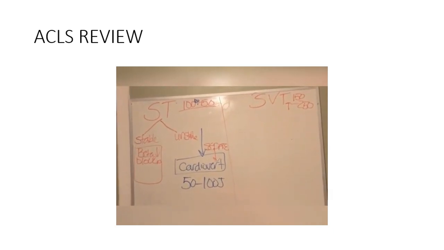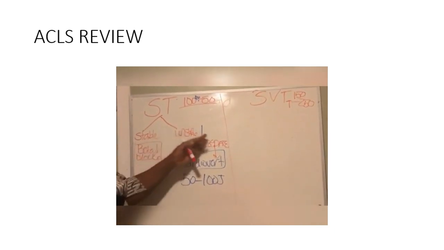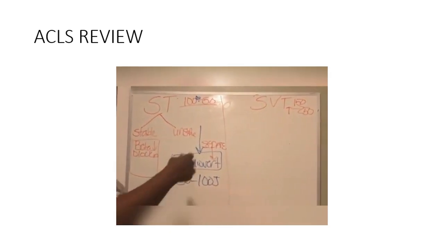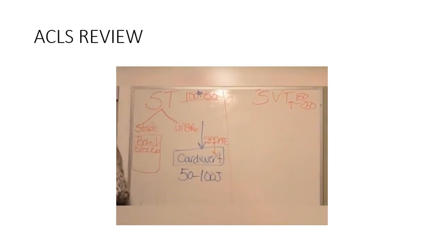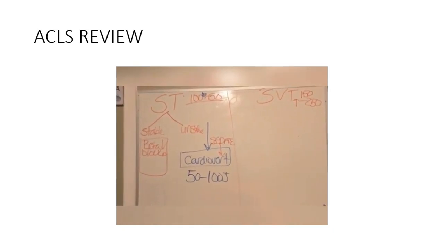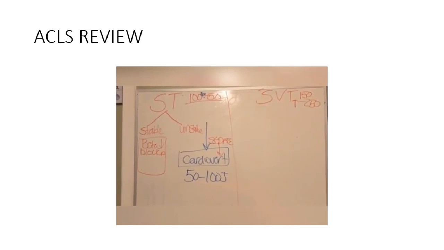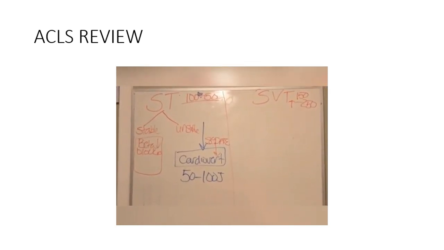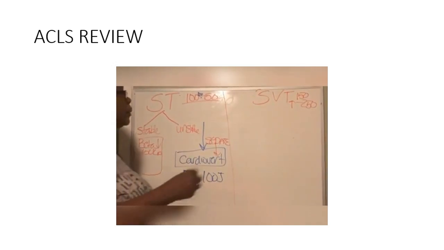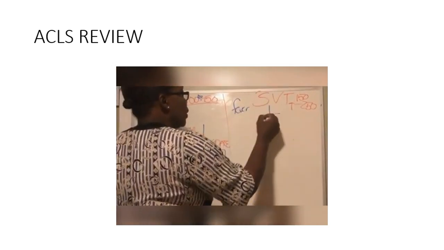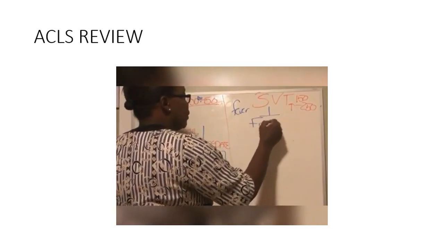Now, in this case, we didn't find out what was the problem, but remember, anything that is metabolic can cause SVT. Anxiety can cause it. Problems in your atrium, which we're going to talk about later, can cause it. Fever can cause it.